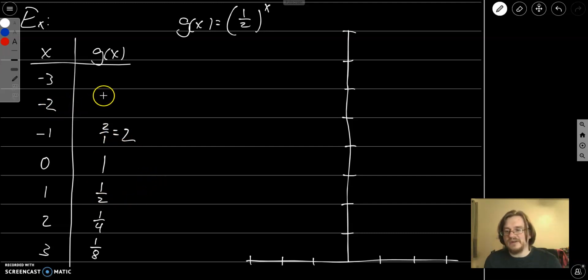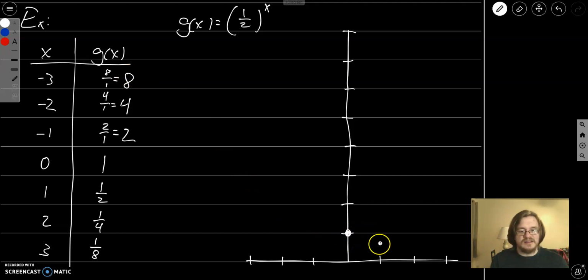To the negative 2 power, this will be the same thing as 1/2 to the second power, but flipped over. So this is 4 over 1, which is 4, or 8 over 1 if we're following this pattern. We get 8. So we can see that this function looks very similar, except for the fact that it's kind of going backwards.